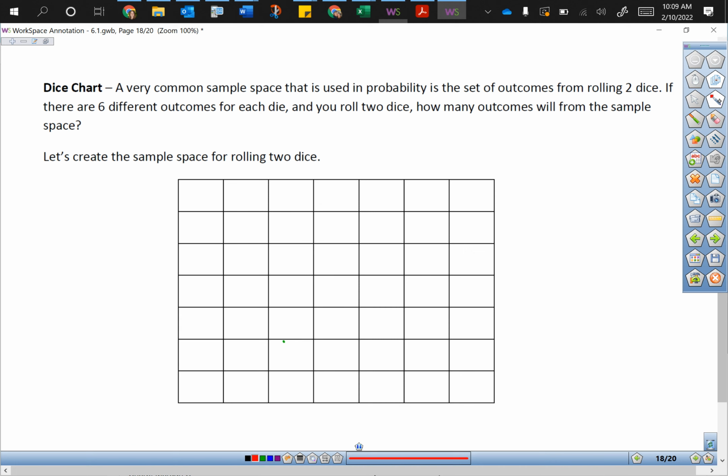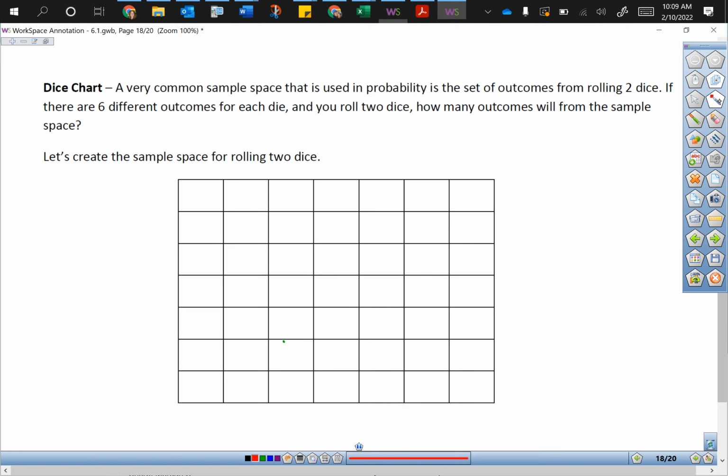The next thing we're going to talk about is a dice chart. This is a very common sample space that's used in probability. We're going to use it a ton. And it is the set of outcomes from rolling 2 dice.